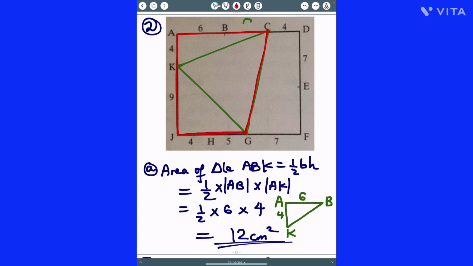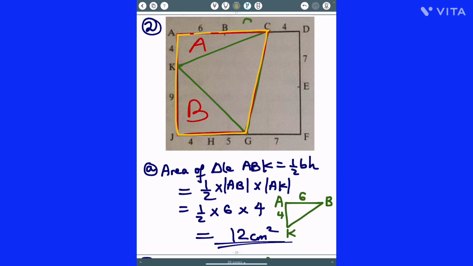If I can get the area of this trapezium and subtract the area of these two triangles A and B from the area of the full trapezium in yellow, I'll get the area of triangle CGK.